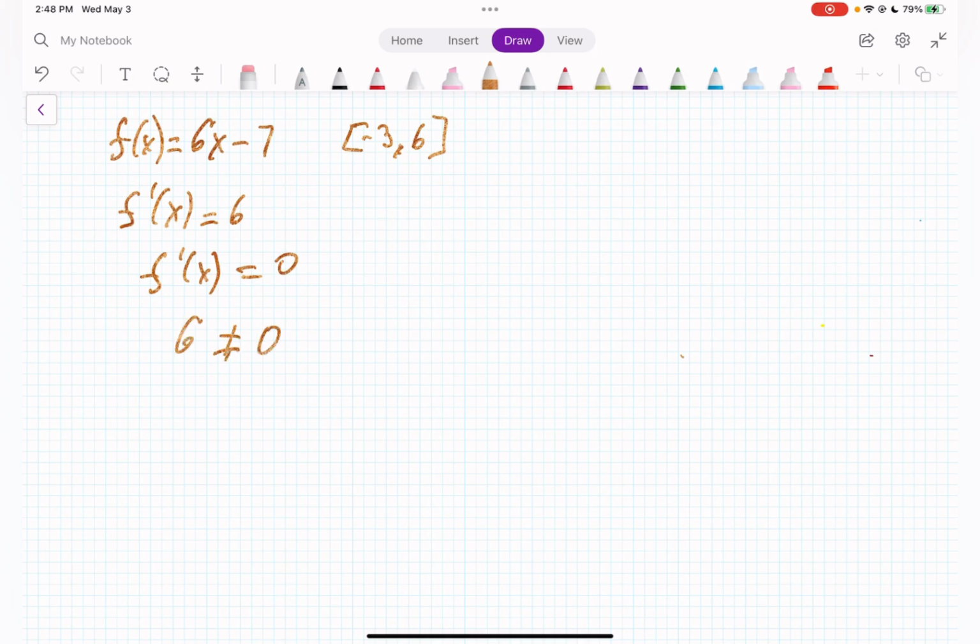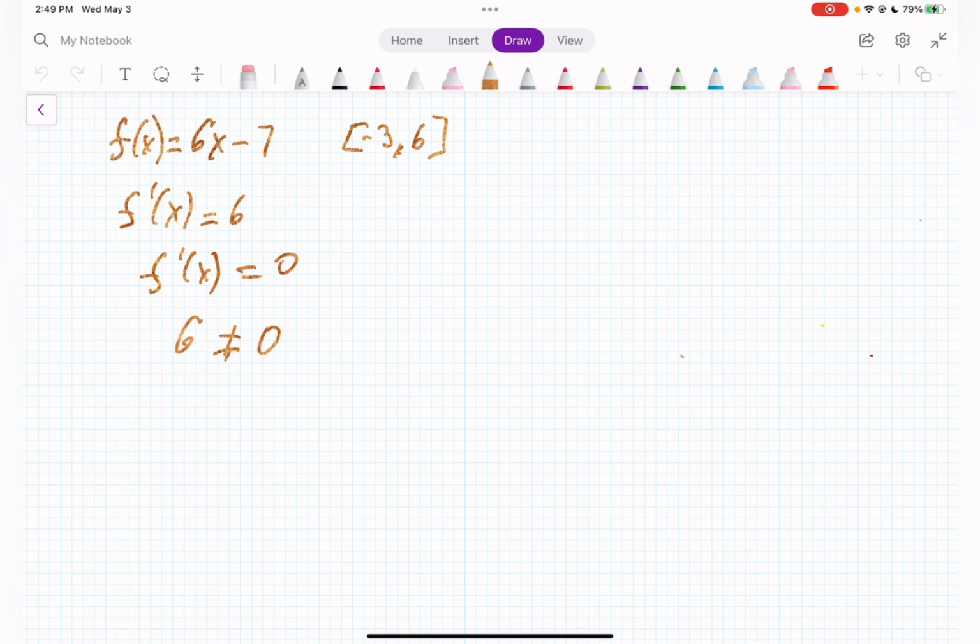If anybody can prove that 6 equals 0, they will be the next Nobel Prize winner. Okay, so that means what? On the interval -3 and 6, the derivative is going to be constant and never 0. That means on the interval we don't have any maximum, we don't have any minimum.